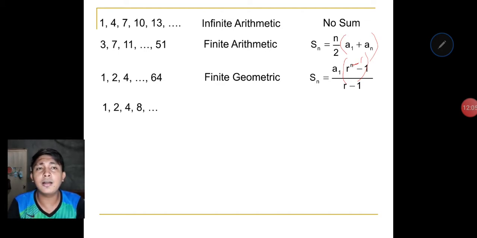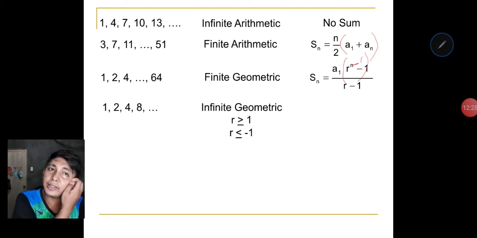Then, it might be geometric. So, 2 divided by 1, parang yung nauna lang. Okay? 1, 2, 4. So, that is an example of an infinite geometric.